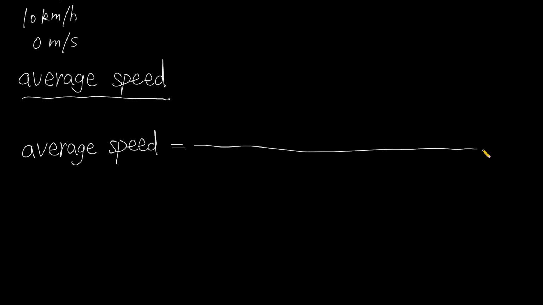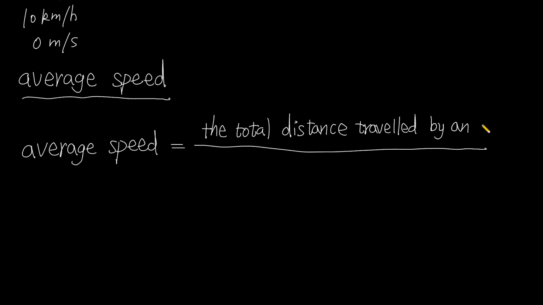And how to calculate average speed? Average speed equals the total distance traveled by the object divided by the total time to travel the distance.